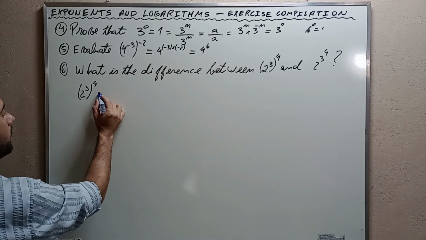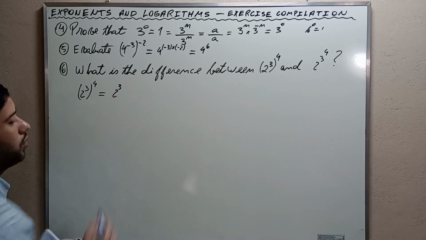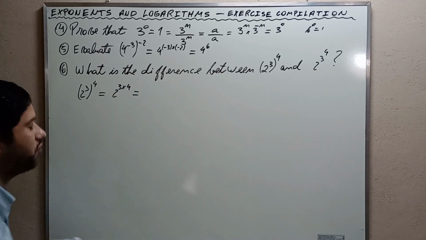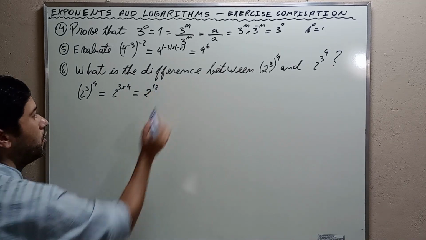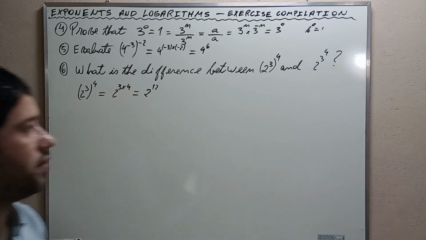We multiply. It is 2 raised to the power of 3 times 4, and this is equal to the 12th power. And how about the other? Do you have any idea?